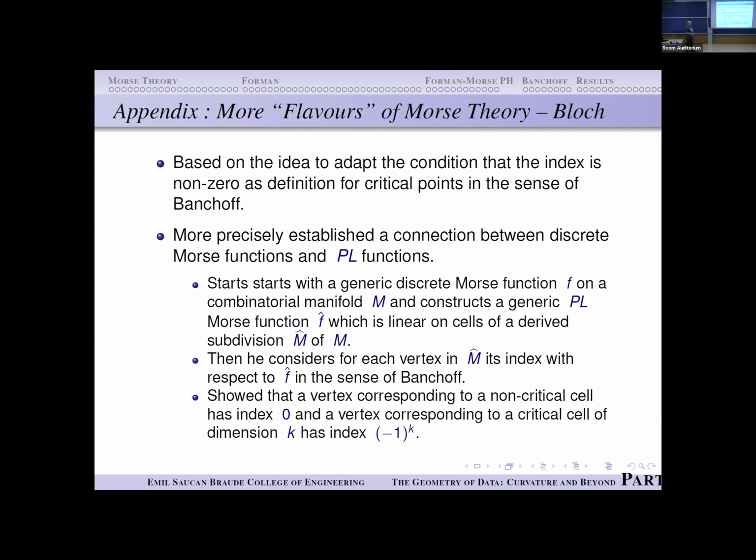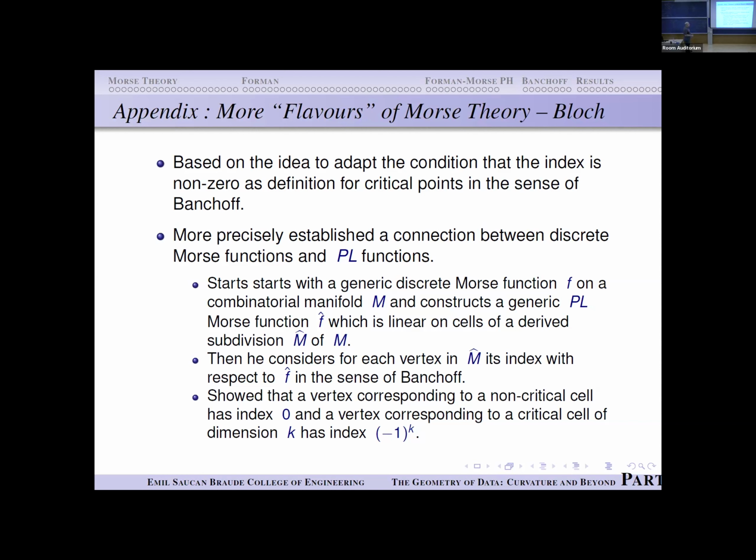And then he says that each vertex in M has an index with respect to F hat in the sense of Banchoff, because now I have a PL thing. So it passes through the discrete one to Banchoff, but in a more controlled manner. It produces the right functions rather than just the subdivision.